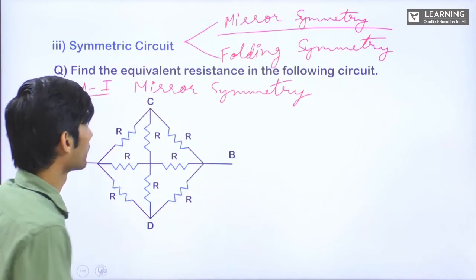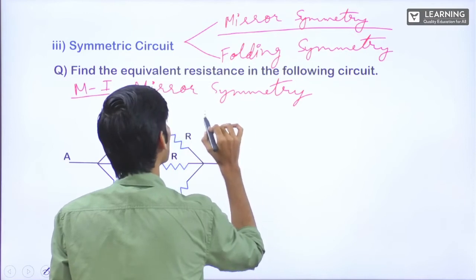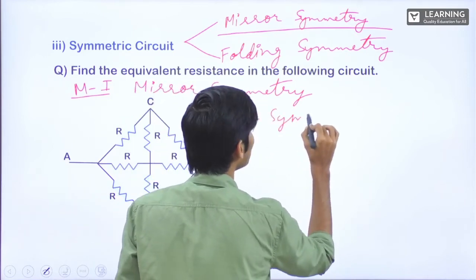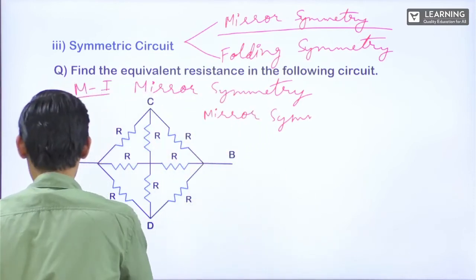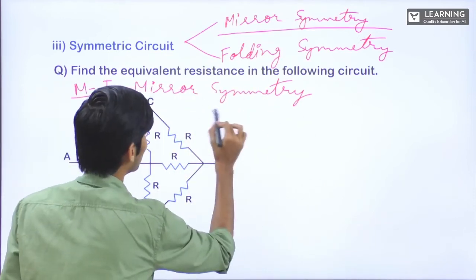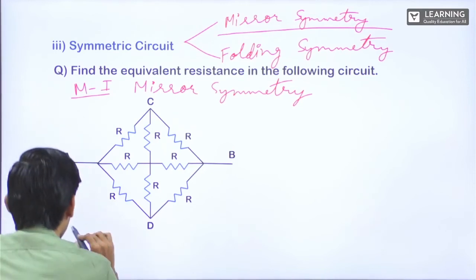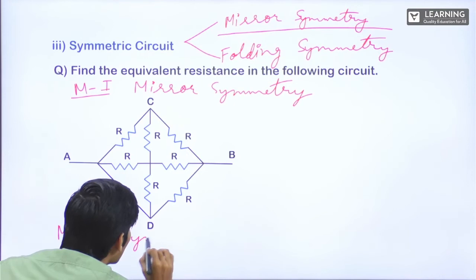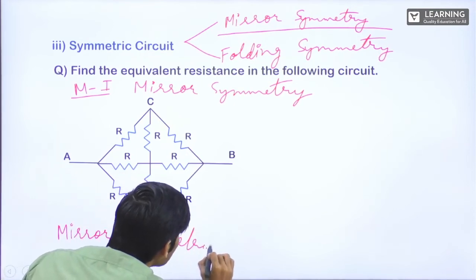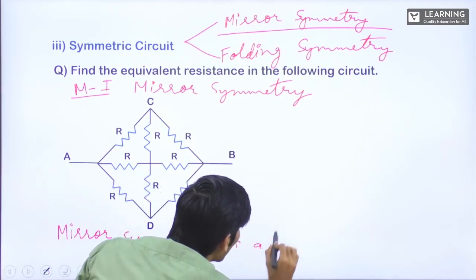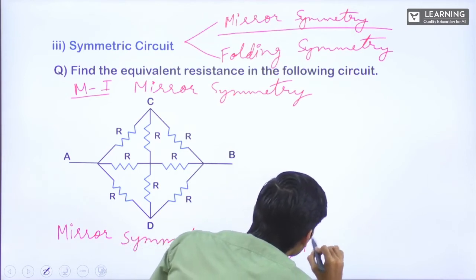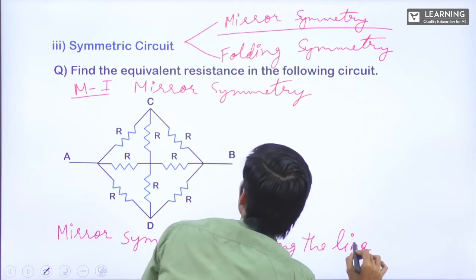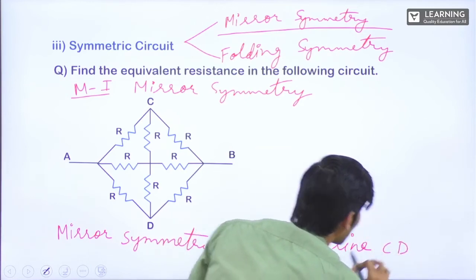Mirror symmetry. One second, one diagram will come there. I'll write here somewhere below. Mirror symmetry is along the line CD.